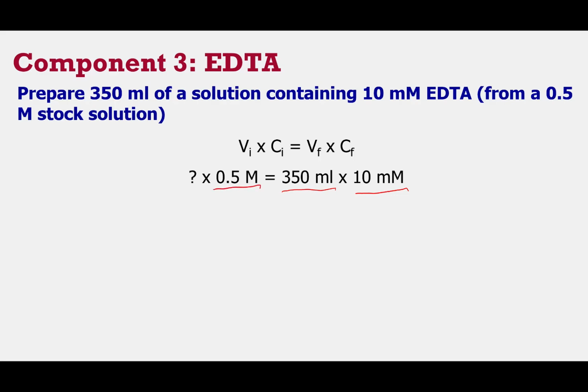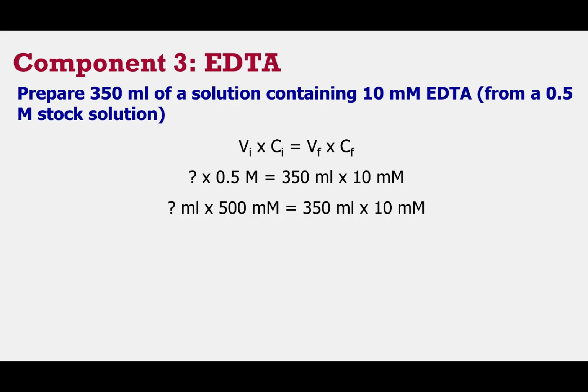Now, as we can see here straight away, the stock unit and the final unit are out. They're different by a factor of 1,000. So I want to begin by making sure they're the same on both sides, so I can convert 0.5 molar and state that as 500 millimolar instead.